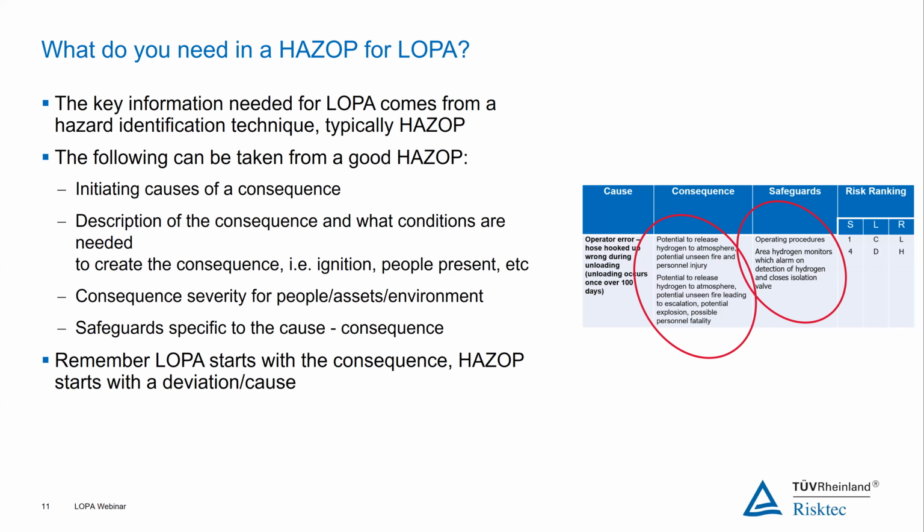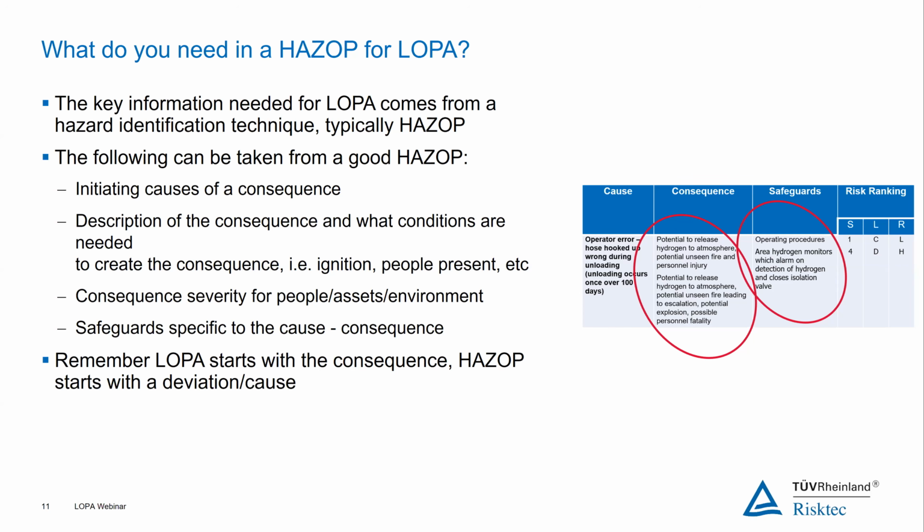And again, it's referred to below, but consequence severity, specifically defining what the consequence is. Again, it's not just for people, but for asset, for environment, and if you have reputation, for reputation as well. And making sure your safeguards are detailed and also specific to the consequence that they are actually put against as well.